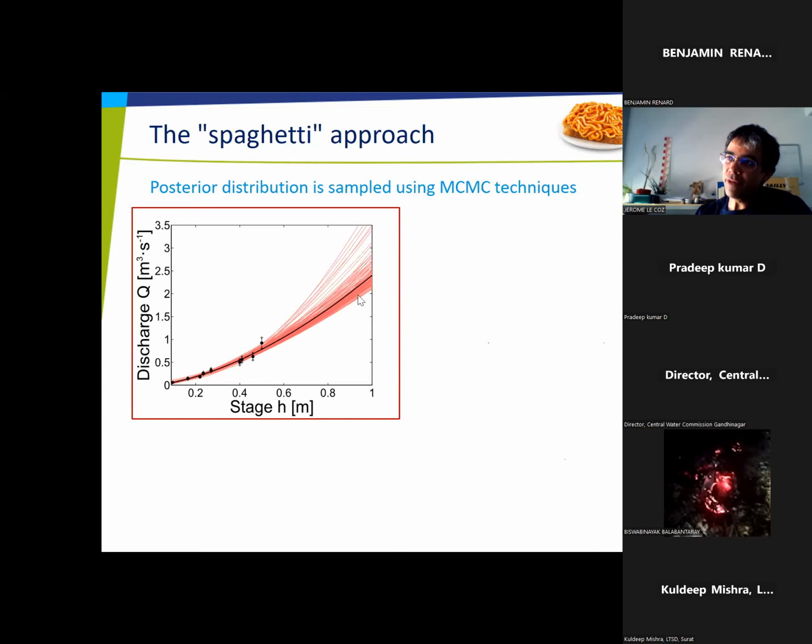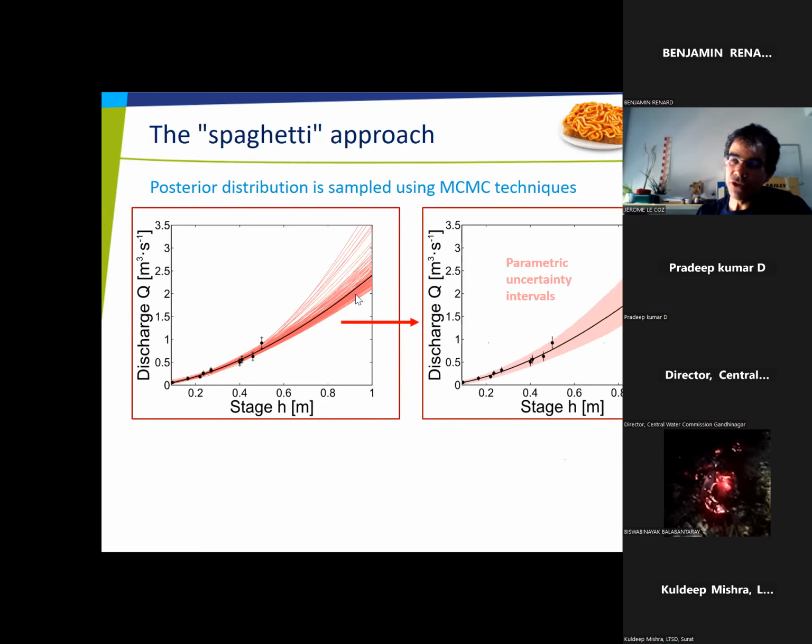And so we have many possible samples. You see also the black rating curve is the max post rating curve, which corresponds to the max post set of parameters. And as we have a large number of results, we can compute statistics on that.